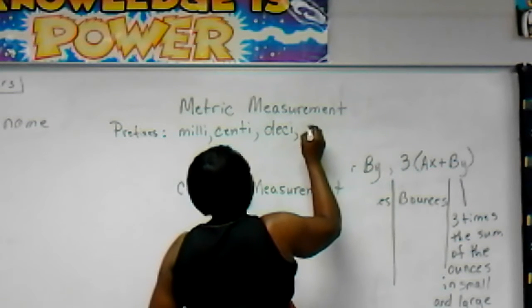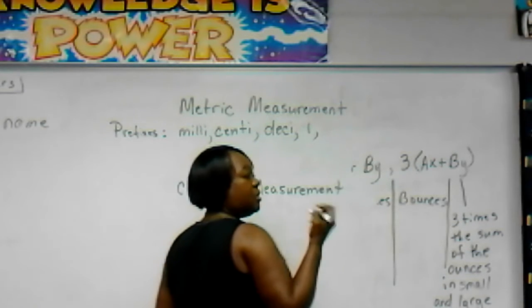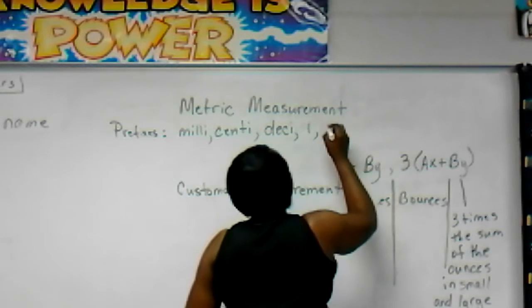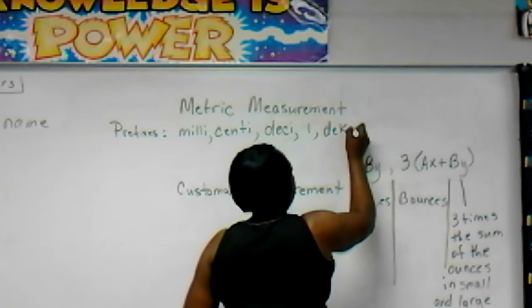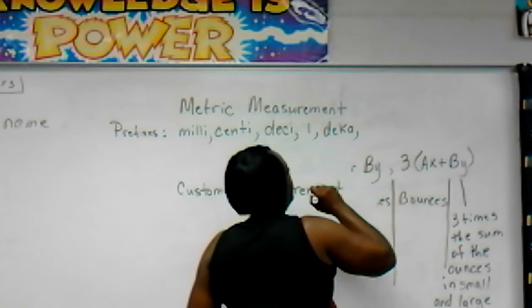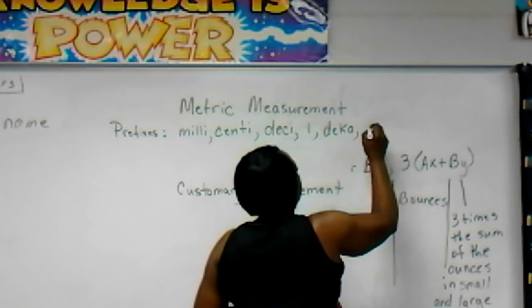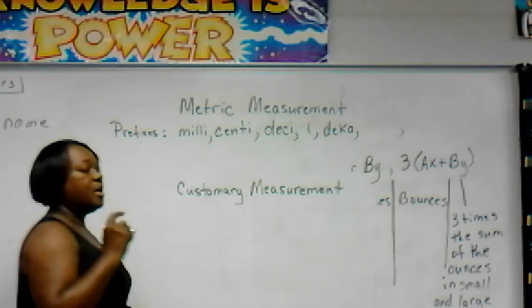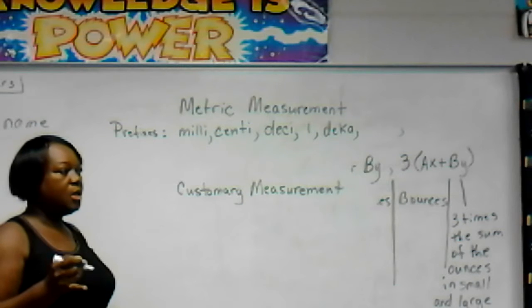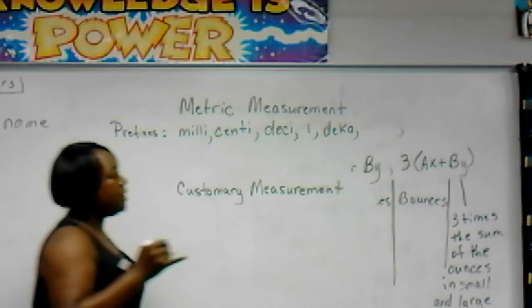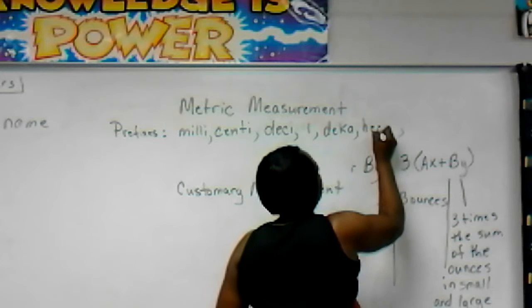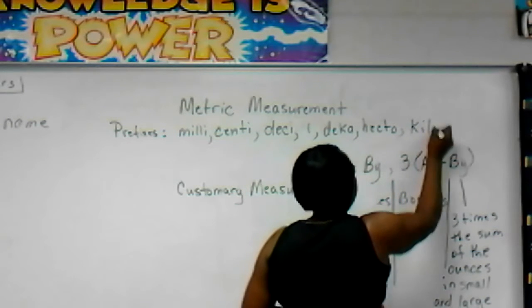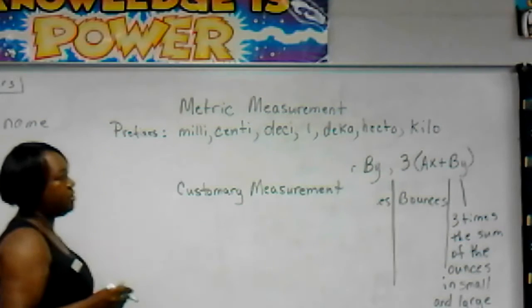Then there is the single unit, or let's just put one here for the time being, and I'll explain what that one means. And then we have deca, and I'm drawing a blank, deca, kilo, and hecto. That's the one I'm reaching for, hecto, kilo. So those are the prefixes.